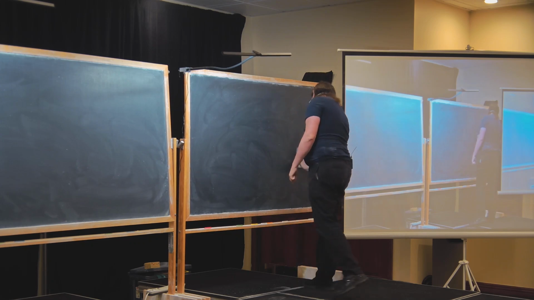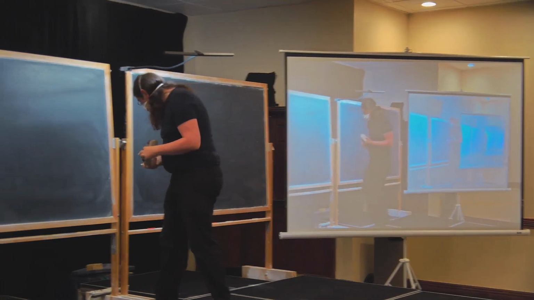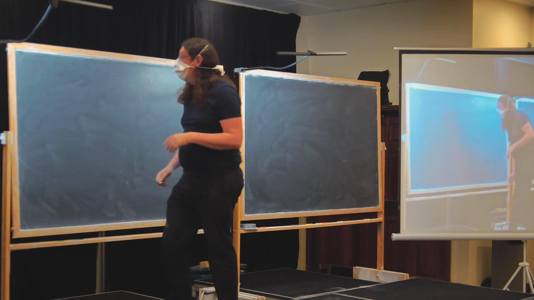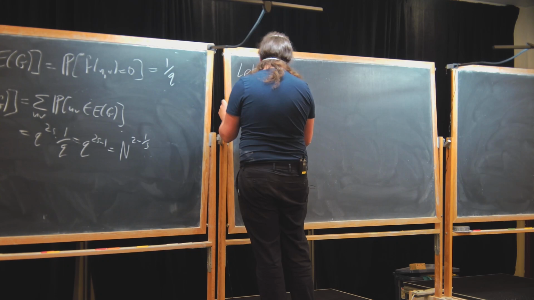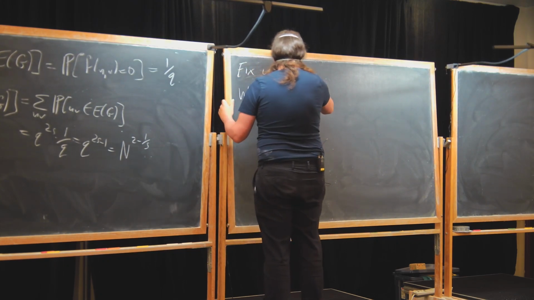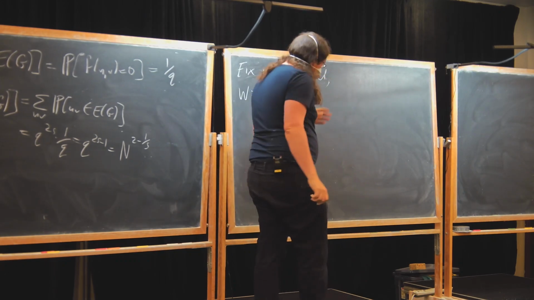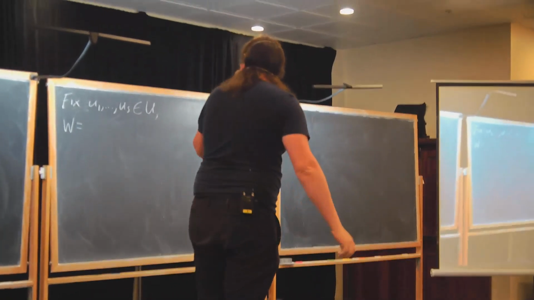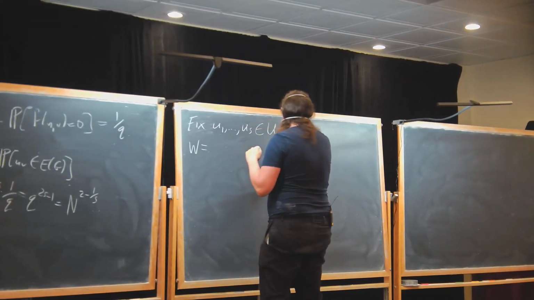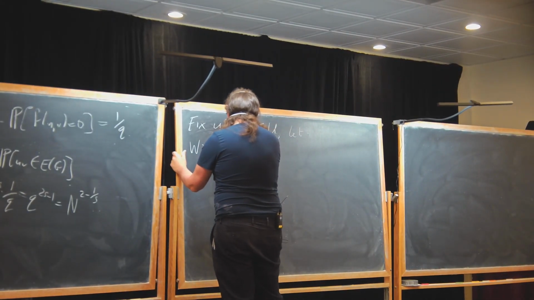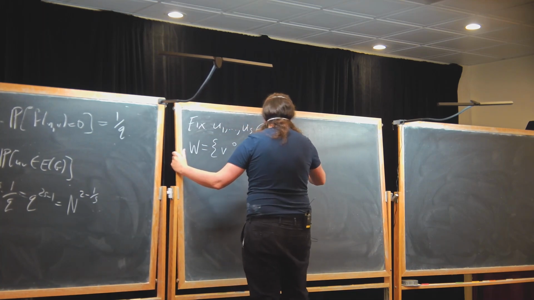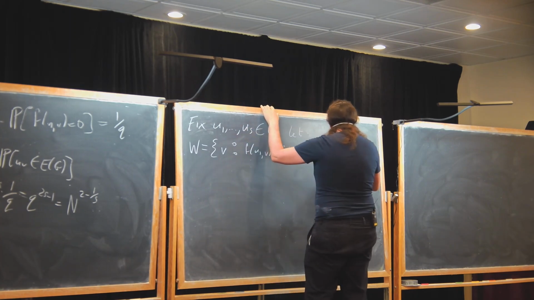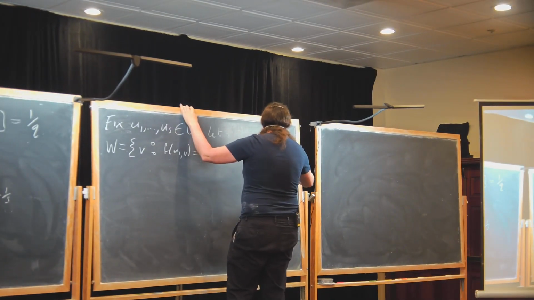So let's fix u_1 up to u_s contained in U. You have to, in principle, do the same from the other side, but it's symmetric. And let W be the set of v such that f(u_1,v) is equal to f(u_2,v) is equal to ... f(u_s,v) is equal to 0.